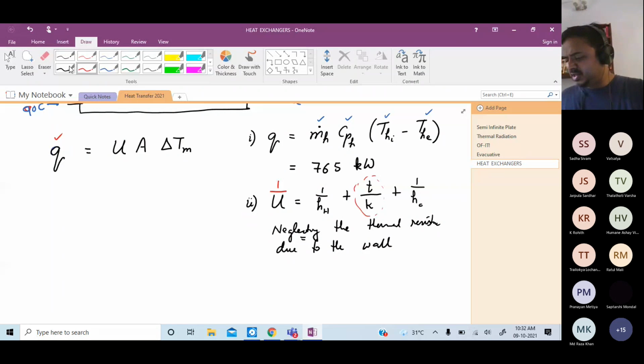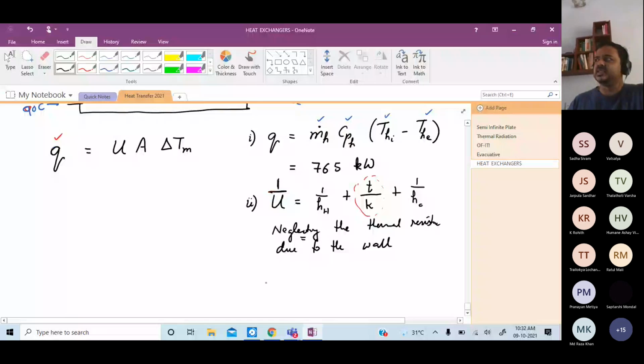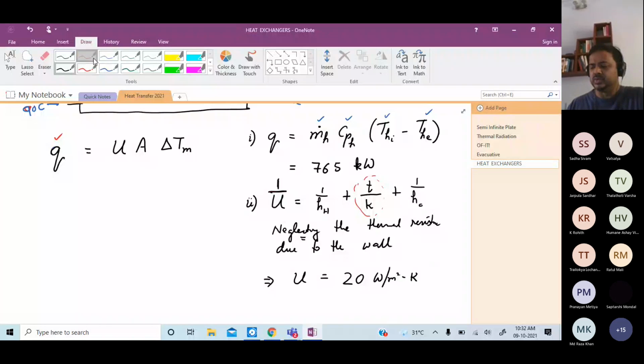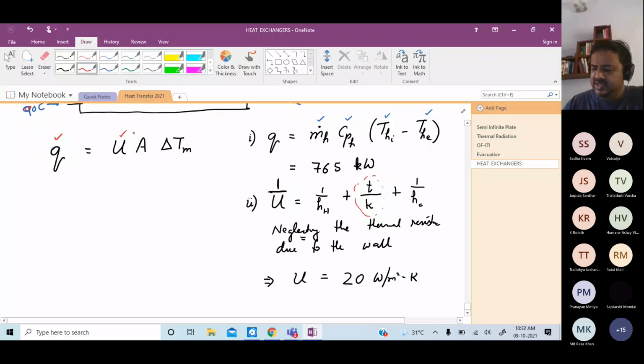So if you do that, you will see that 1 over U would be 1 over 60 plus 1 over 30, which is actually 3 over 60. So U will be 20 watts per meter squared Kelvin. Okay. So therefore, I have also found U. Remember, this is what I have to find.